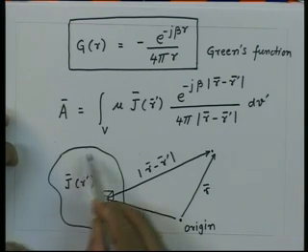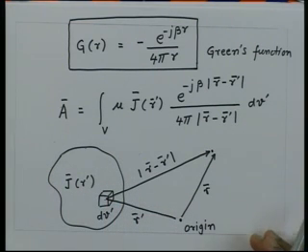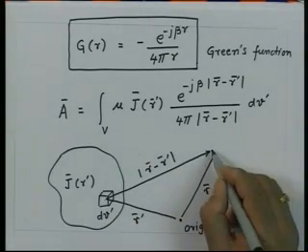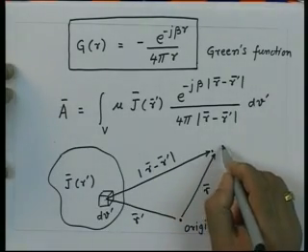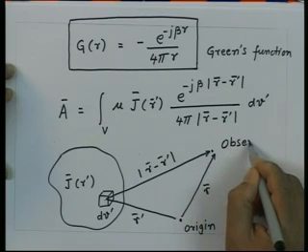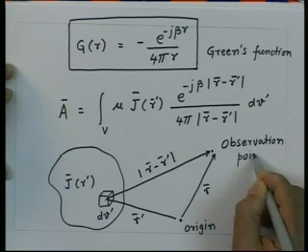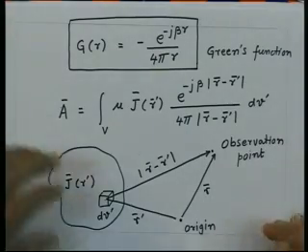So, knowing the current distribution at this location, we can calculate the magnetic vector potential at any point in space, which is this observation point. It is a matter of getting the current distribution, which should be known a priori.